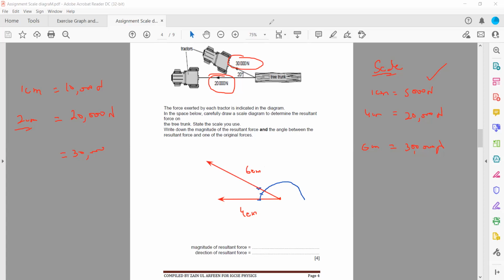Then we complete a parallelogram. So draw the parallel lines: this is 6 centimeter and the other parallel should be 4 centimeter.